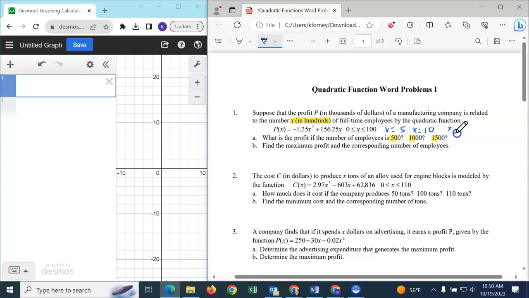And that is because it is in hundreds, so we have to make sure that we're using the correct X.